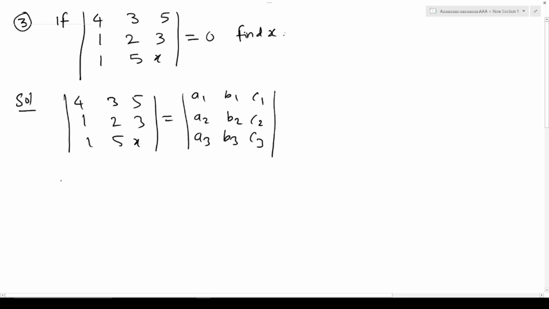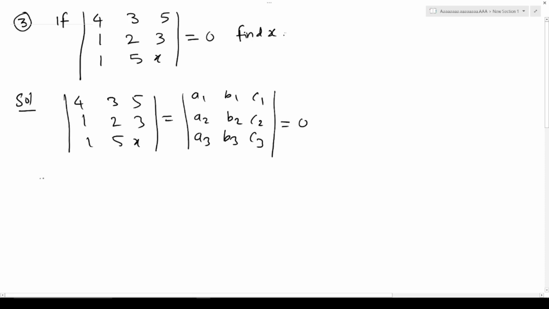The determinant is already given as equal to 0.